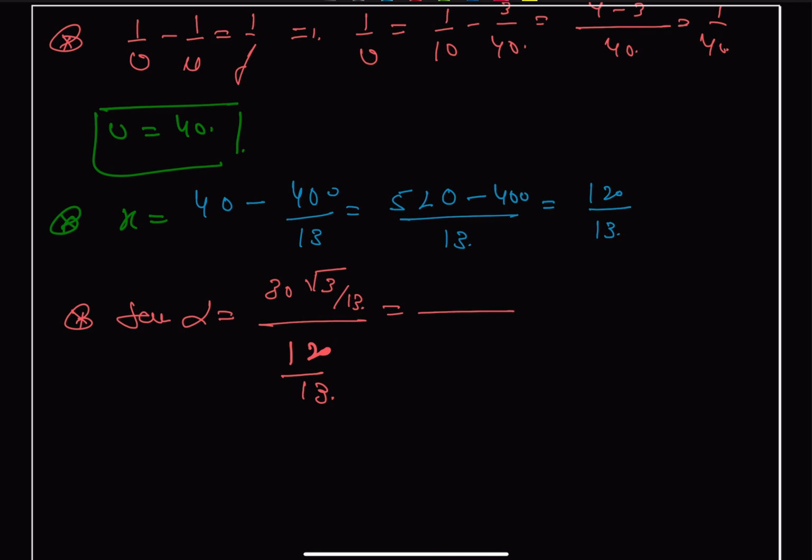So it comes as 30 square root of 3, and here we have 13 into 120 multiplied by 13, and we have this 13 and 13, 0 and 0, and this comes as 4. Okay.